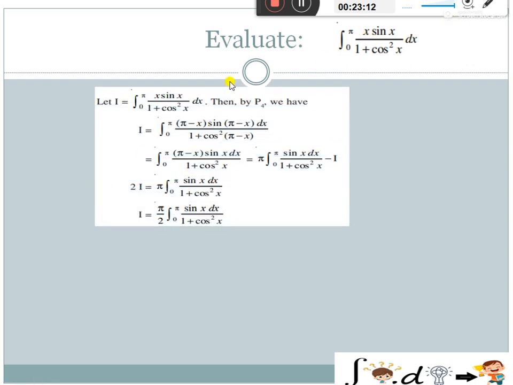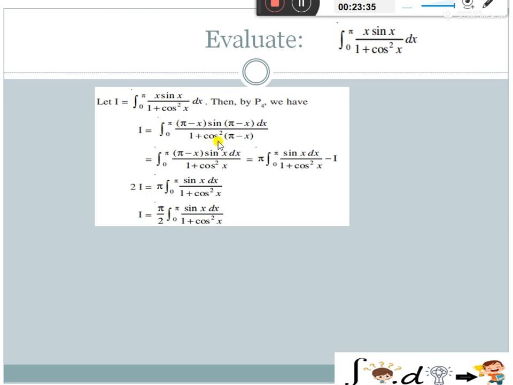And now you have to see this when you change it. Here we have a as pi, so 0 to pi (pi minus x) sine of (pi minus x) dx upon 1 plus cos square (pi minus x). Now sine of pi minus x is sin x, since in the second quadrant sine is positive and cos is negative.